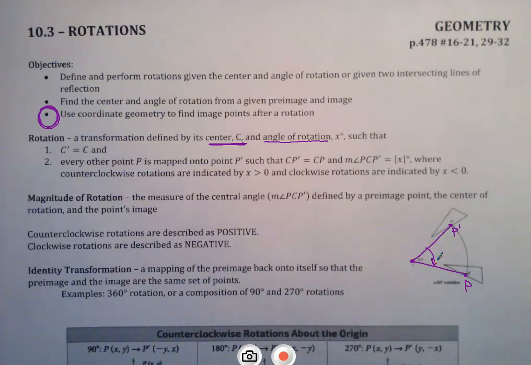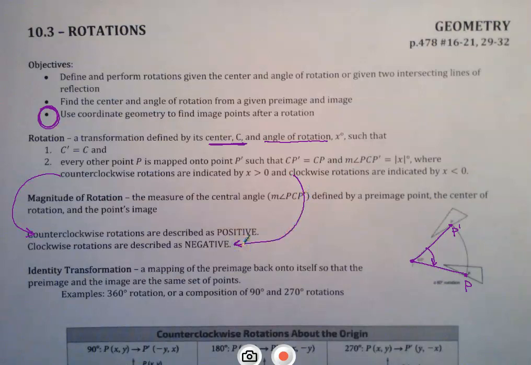All right, so counterclockwise rotations are indicated by x is greater than 0. This kind of got out of order, which means counterclockwise rotations are described as positive, whereas clockwise rotations are indicated by x is less than 0, so they're negative.